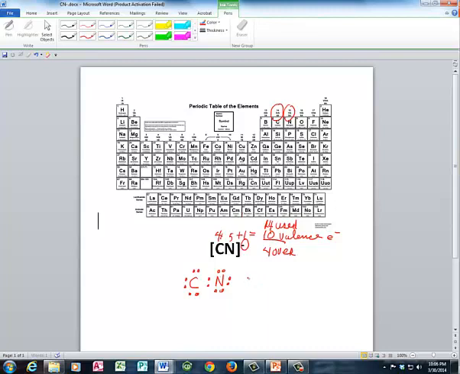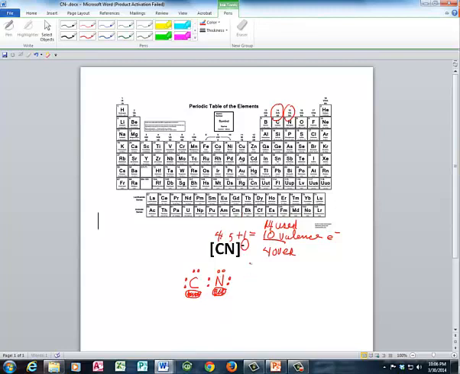So what I have to do is make multiple bonds. Here's how you make a multiple bond. You remove 2 non-bonding electrons from each atom that is involved in the bonding process. So we're removing a pair from nitrogen and a pair from carbon. Now, don't worry about that because we're not taking away electrons that actually exist.